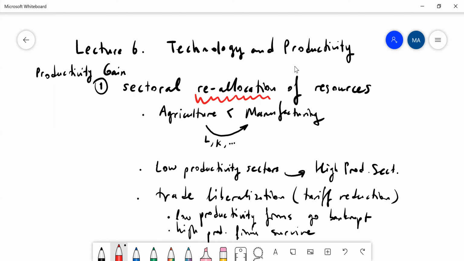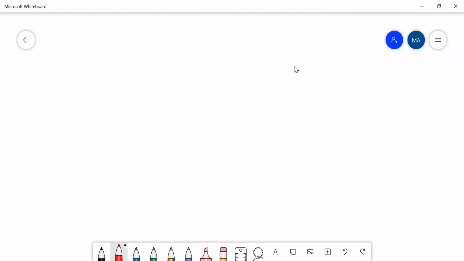Reallocation of resources. Now the second mechanism is what we call innovation. Innovation of new technologies or new products.